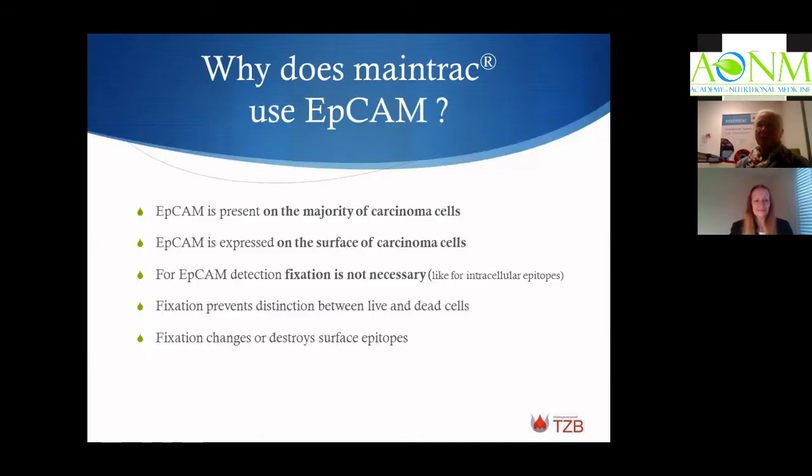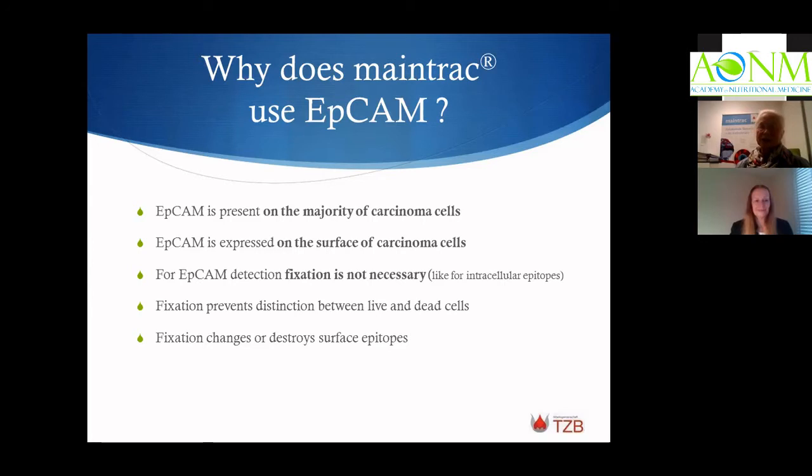Our method is called Maintrac, and we use EpCAM as a way to find the epithelial cells among the blood cells. Why do we use EpCAM? EpCAM is the name of the epithelial surface antigen of epithelial cells. It is present on the majority of carcinoma cells and expressed on their surface.